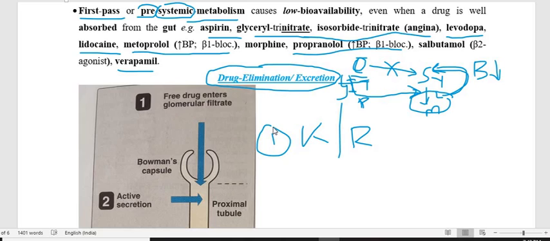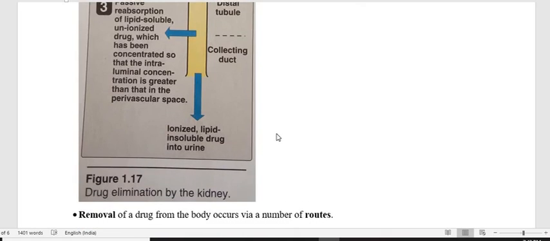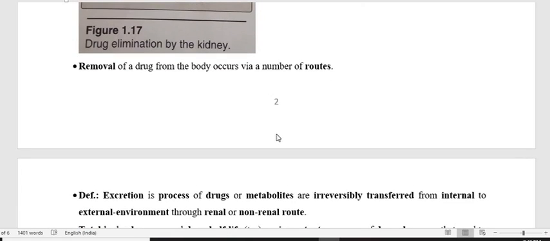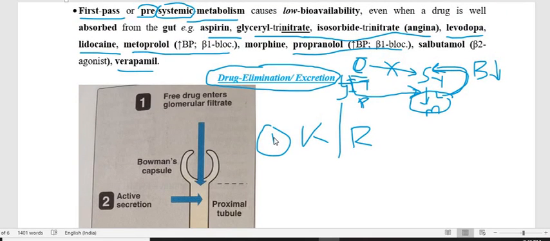Excretion is a process by which the drug is excreted from the internal environment to the external environment, by renal and non-renal routes, and it is irreversible. It is called drug elimination or drug excretion.